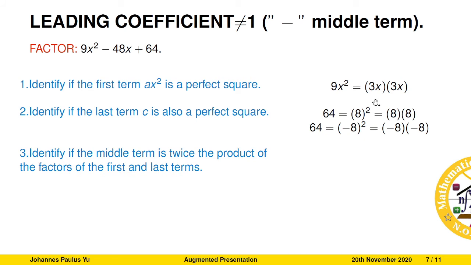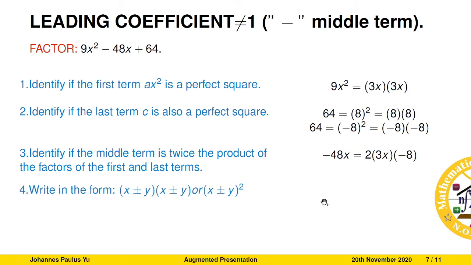Now for step 3, the middle term negative 48x must be equal to twice of what? 3x. 2 times 3x which is 6x. Positive 6x. So para ma-negative ni, we need to take negative 8, not the positive 8. So indeed, 6x times negative 8, the answer is negative 48. So steps 1 to 3, we can answer yes tanan. Now we are ready for step 4.